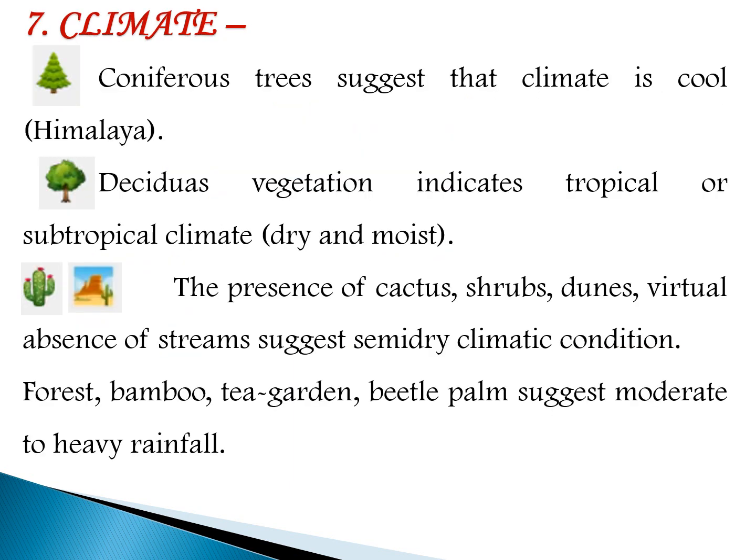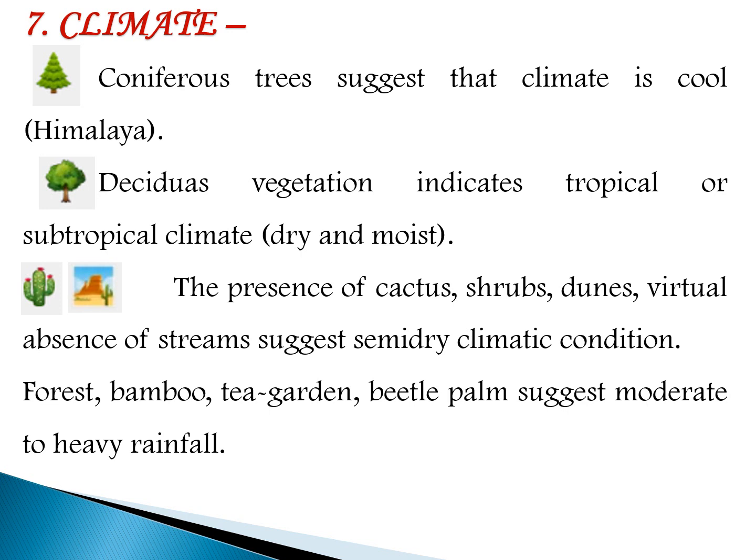So in a map, based on what type of settlement pattern and mode of transport is available, you have to write the occupation of the people. Suppose if you take a map of Khanapur, Belgaum area, the occupation of the people is agriculture. If you take a map of Belgaum, here we find both agriculture as well as industrial workers. So the occupation of the people is agriculture and industrial workers.